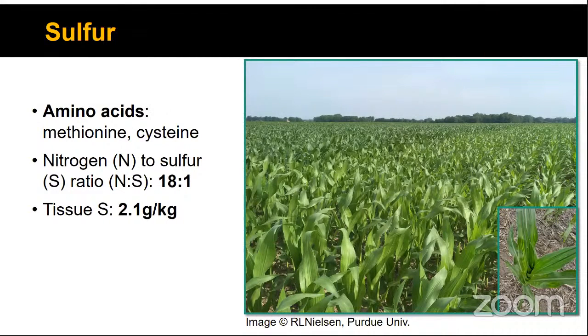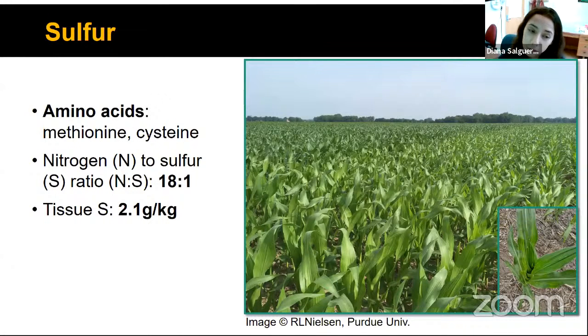When we just look at sulfur in tissue, a threshold reported in the literature once again is 2.1 grams of sulfur per kilogram. So now, what does sulfur deficiency look like in the plant? Here I have a picture from one of the fields we had last year.